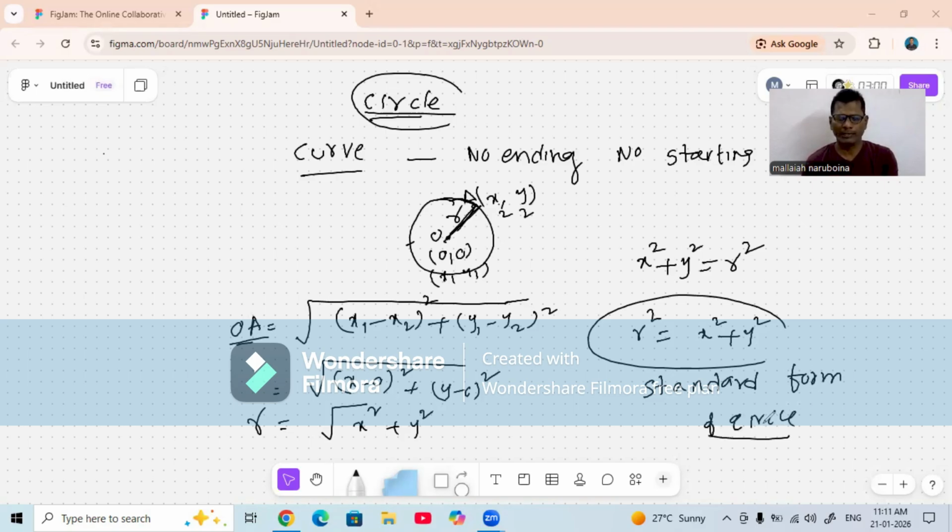When origin is given, center 0, 0, this is the standard form of equation of a circle: x square plus y square is equal to r square.